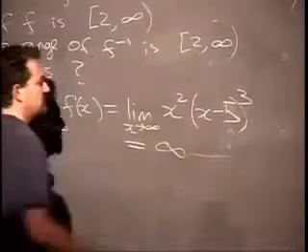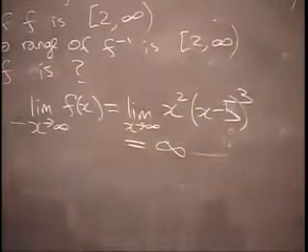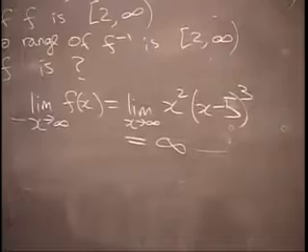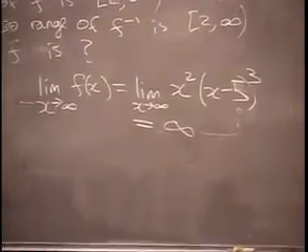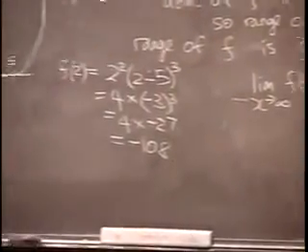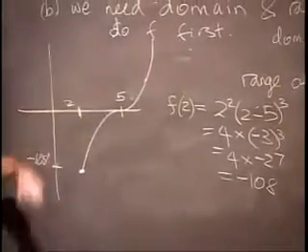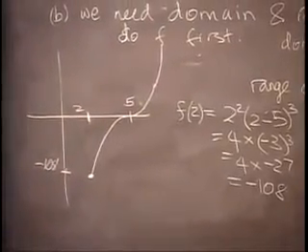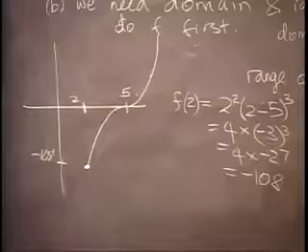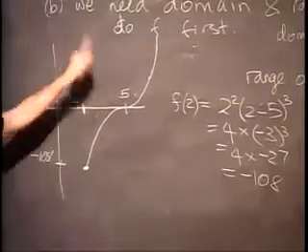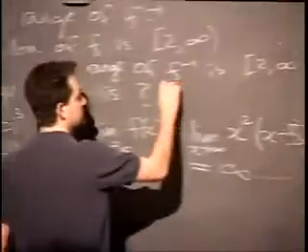It's not even a poly over poly. There's nothing to do. It's just humongous. So actually, it keeps on going. It does not tail off. So my question for you is, what is the range of f? Negative 108 to infinity.